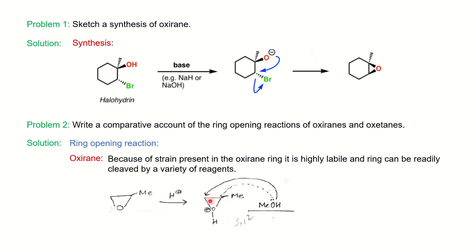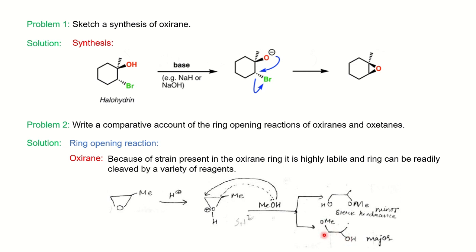We know that the attack will take place through the SN2 mechanism, and SN2 favors the less sterically hindered side. So the most favorable path, which will give you the major product, is attack on the less sterically hindered carbon. So OMe will come to the carbon where you have two hydrogens, and the ring will open so that you have Me and OH attached to the same carbon.